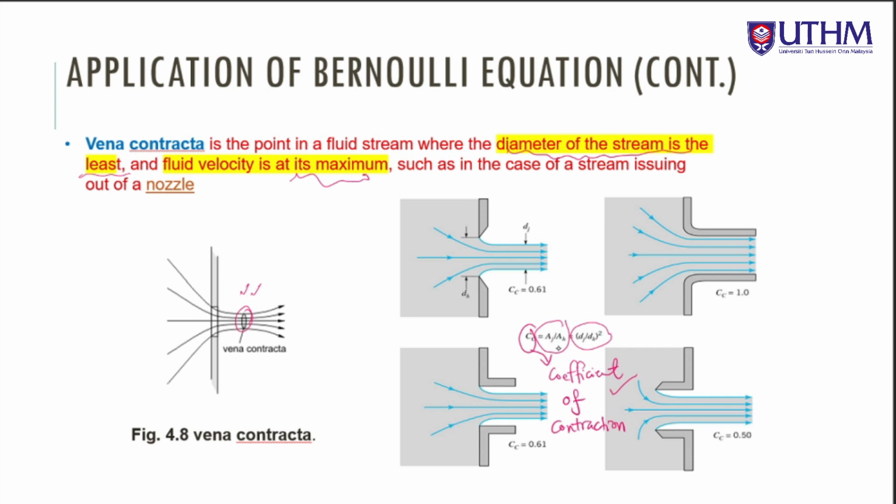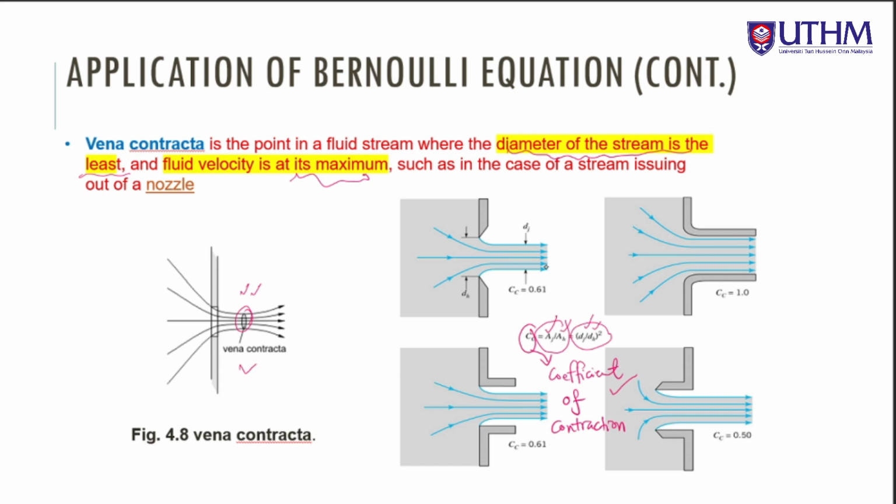So in term of area, sama ada area at the vena contracta divided by area at the orifice, ataupun in bracket diameter at vena contracta over diameter at the orifice squared. Okay, this is how we calculate the coefficient of contraction in which we will define the vena contracta lah.